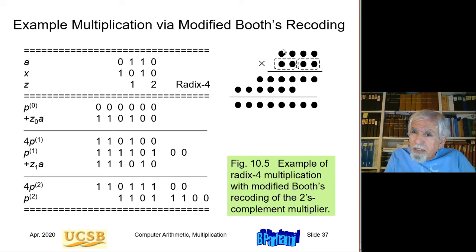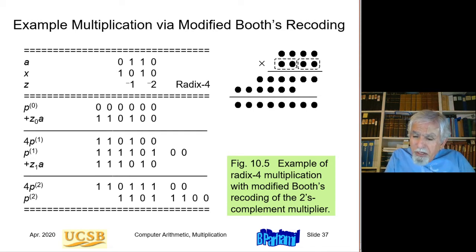So A is positive, X is negative. What negative number is X? It's 2 minus 8, which is -6. And the recoded version of it is -1 in the 4's position, so that's -4, plus -2, so that's -6.